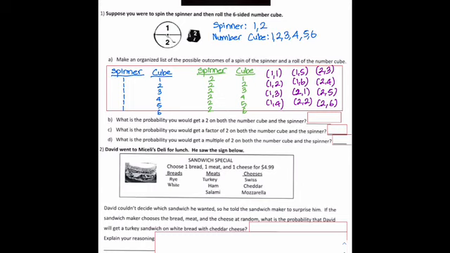Here, the first number comes from the spinner, and the second number comes from the cube.